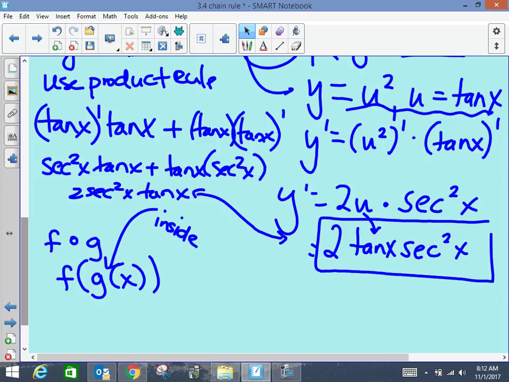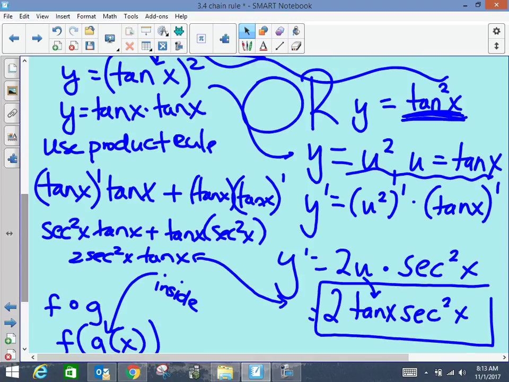Yes, Kayla? Yeah, you got to figure out what the composite is. In this case, you got to figure out this was tangent of x. So what's the first thing you do if you had x, Bailey?